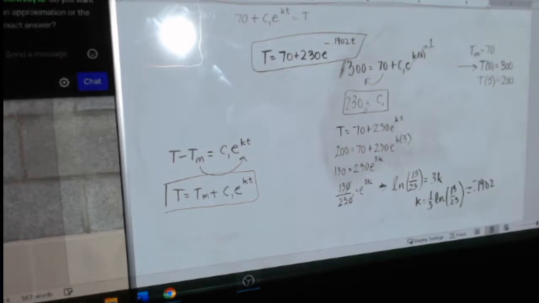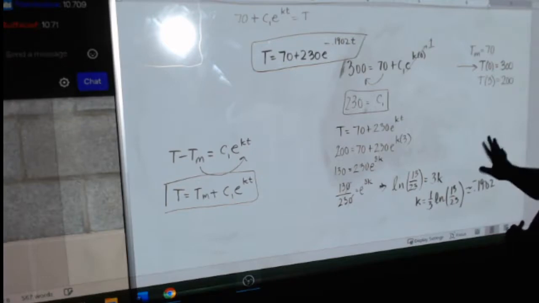So I saw one answer. Does anybody agree or disagree with that? All right, so we got a couple of 10.7, so that's good. All right, fantastic. Any questions about this problem?